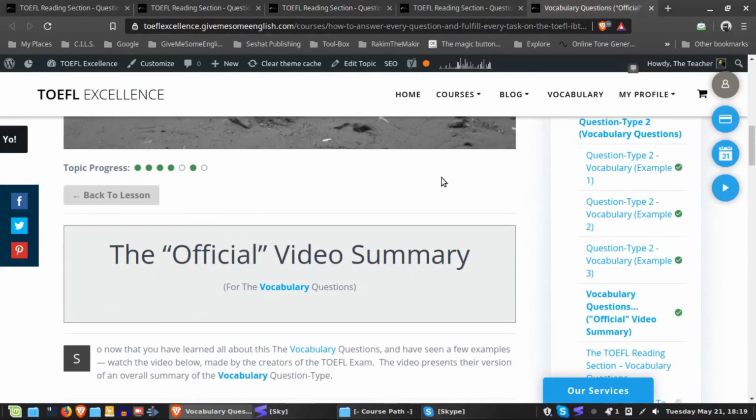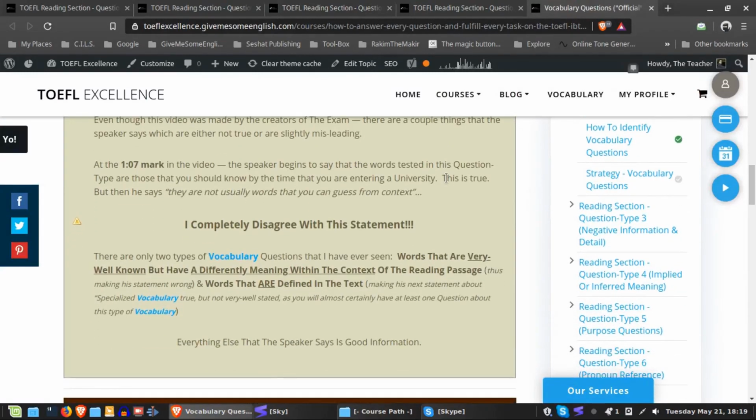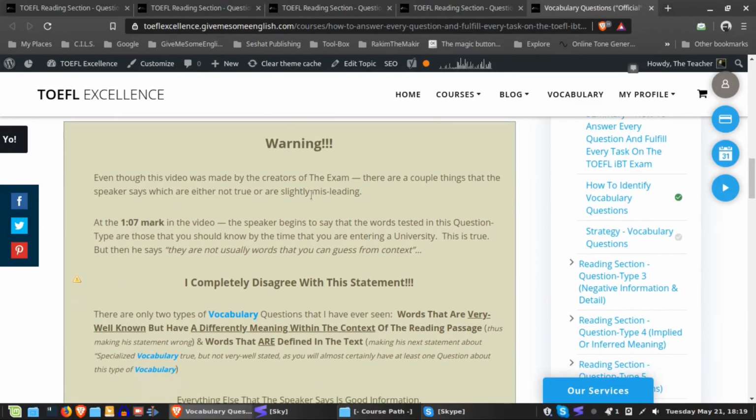Now, I want to go over something that I wrote on the page with the official summary by the creators of the exam. In that video, they state that the words in question, the words that are being tested, are those that you should know by the time you enter a university. As it says here, that's true, but they also say they are not usually words that you can guess from the context.